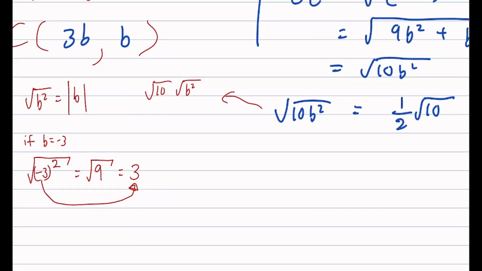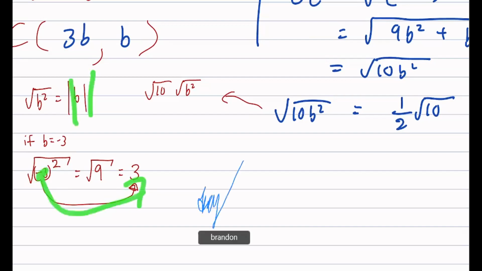It's not as simple as cancelling the square with the square root. You get positive 3. So basically negative turns into positive, which is the same as the modulus.